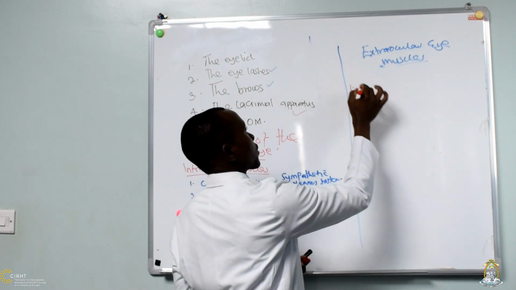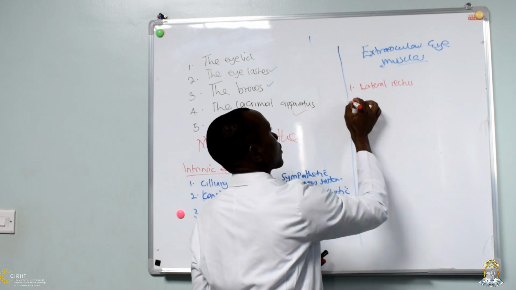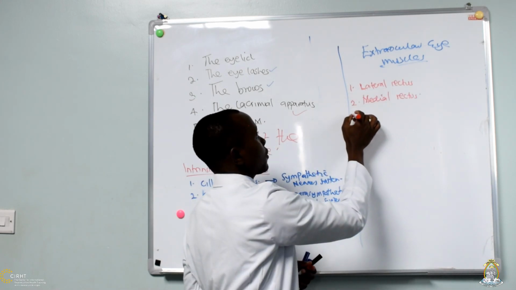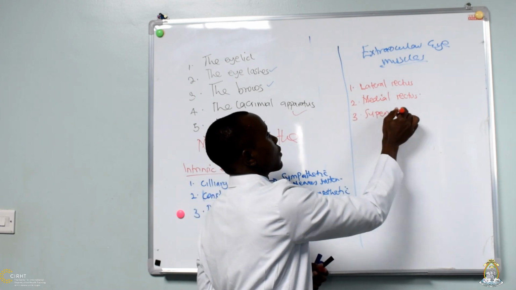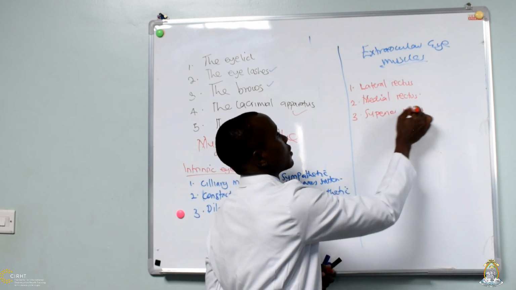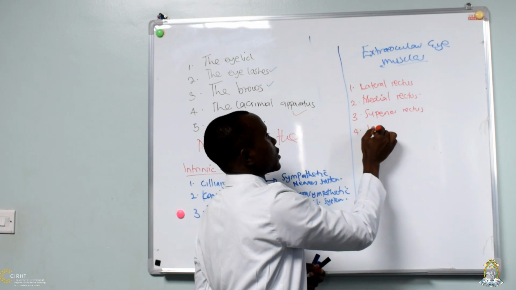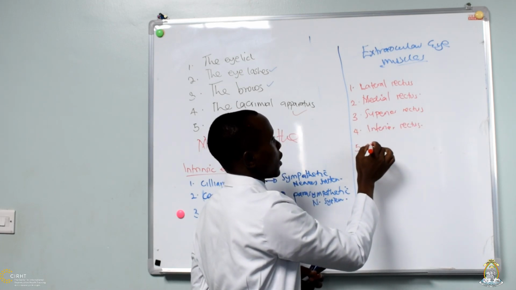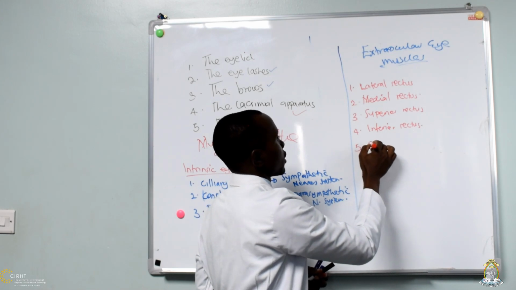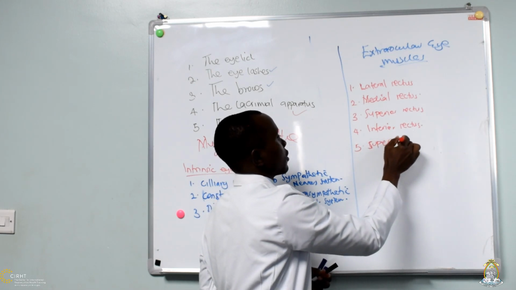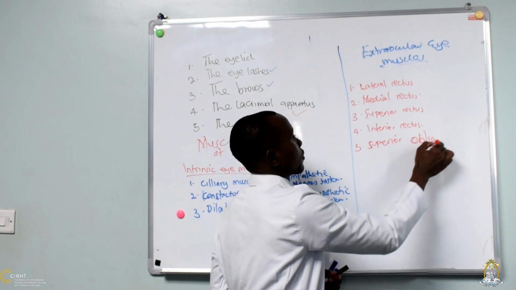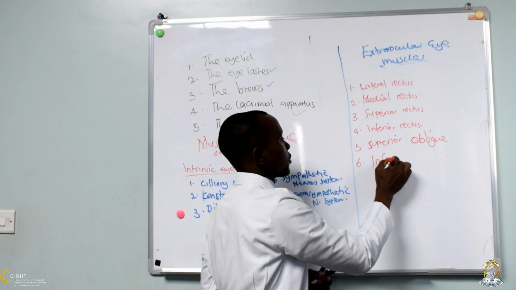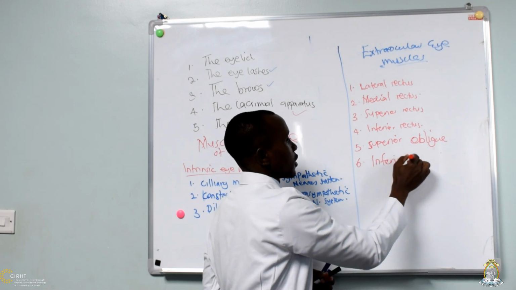We have lateral rectus, then medial rectus, superior rectus, inferior rectus, and then number 5, superior oblique, and lastly, number 6, inferior oblique.